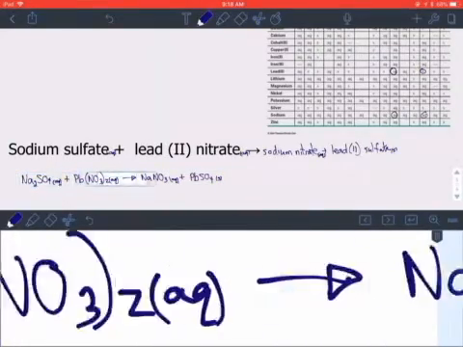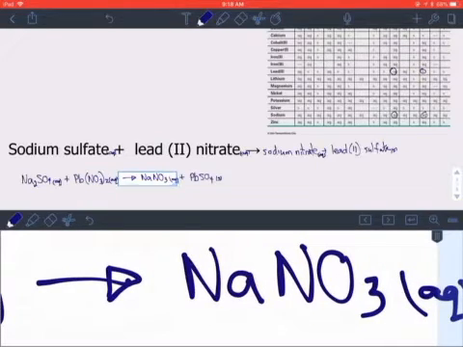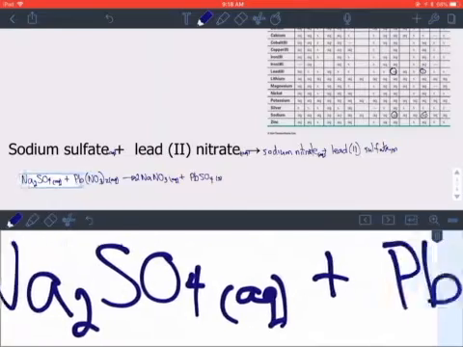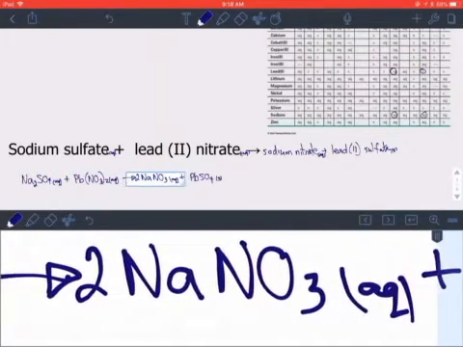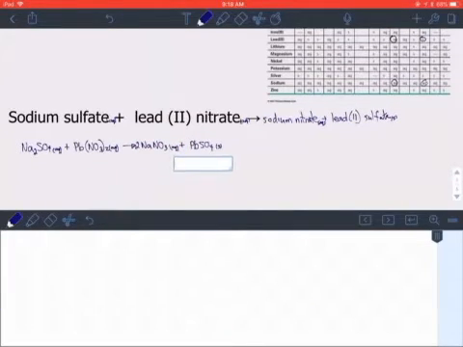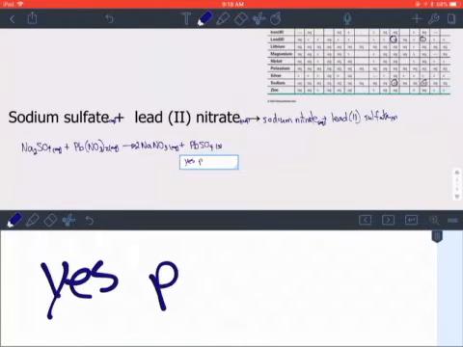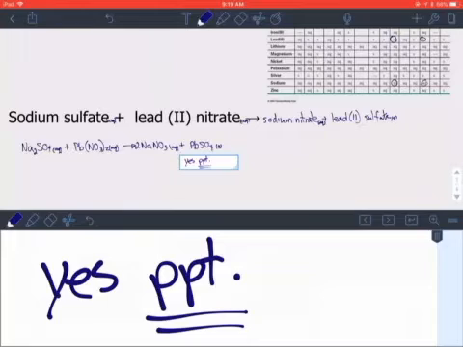Sodium, there's 2 and there's 1, so I need a 2. And now if we look at the nitrates, there's 2, and because of the coefficient that we put here, there's already 2. So right there, that's balanced. Again, here is the precipitate. Yes, we have a precipitate. PPT is the short form for precipitate.